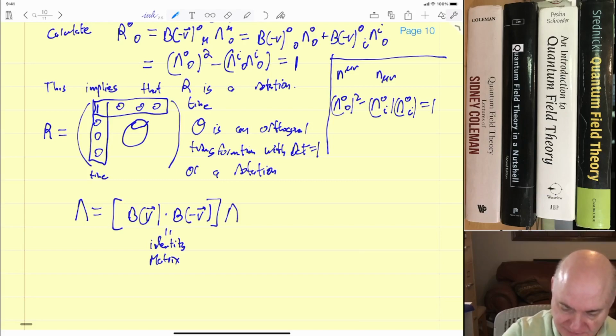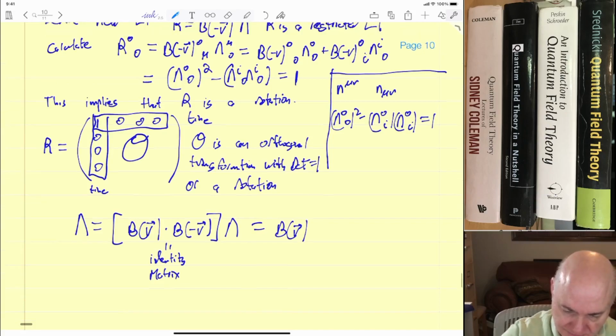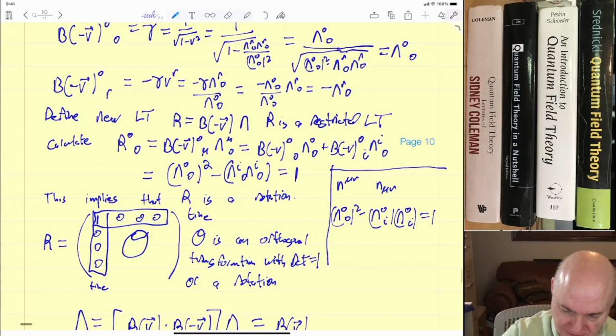It should be very obvious. You could actually multiply these boost matrices by themselves, but if you boost in one direction and then boost in the opposite direction, you come back to where you started. It's just the identity. So now this is equal to B(V) times, and we defined B(minus V) times lambda as R.